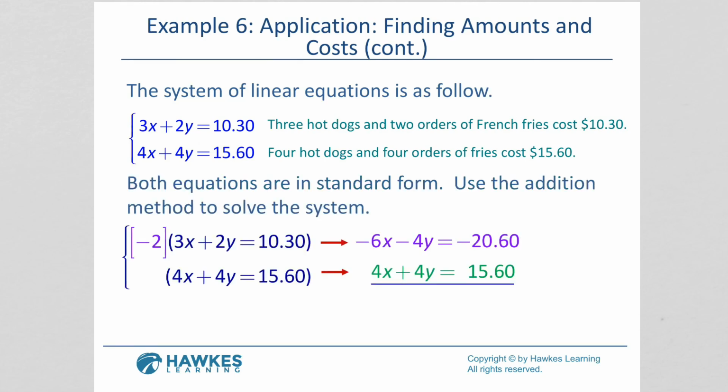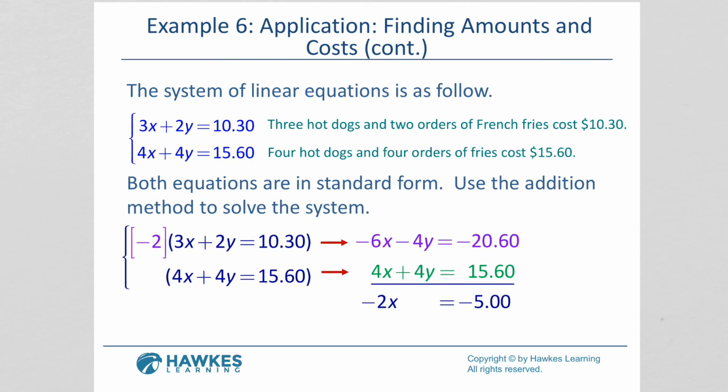I'm going to take the top equation times a negative 2, which is going to give me negative 6x minus 4y equals negative 20.60. Transferring over the other equation, 4x plus 4y equals 15.60. When I add these two together, the y's are going to be eliminated. It leaves me with negative 2x equals negative 5.